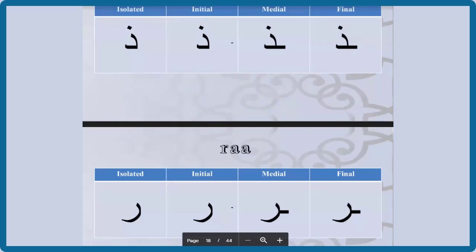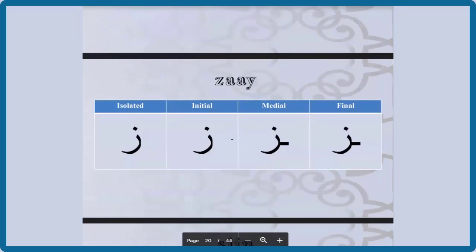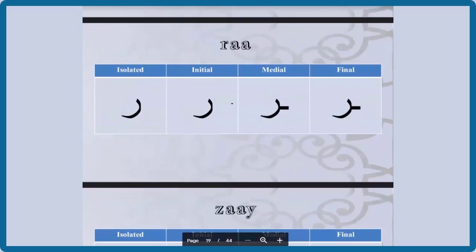Then Raw. Do you remember that Raw has an R sound? Here it's the initial, medial, and final. Raw normally comes at the final position, but you can see here the initial, medial, and final.